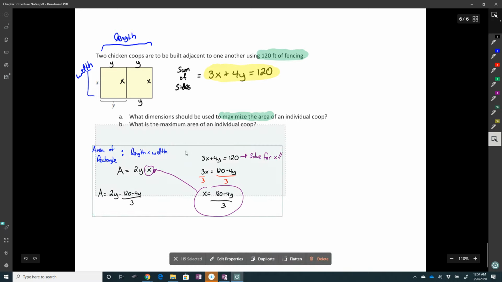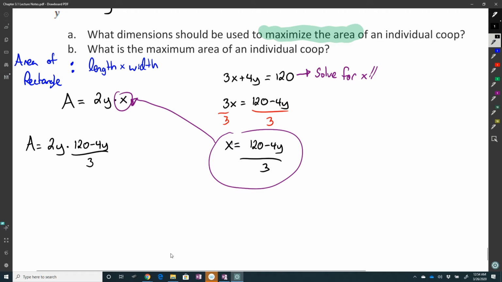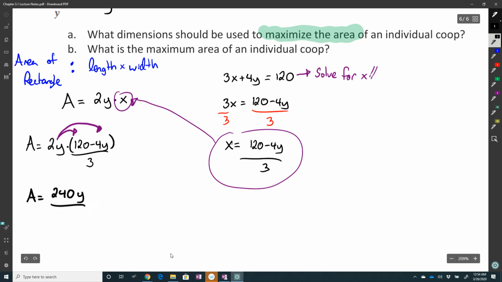So this is in parentheses, and so I can distribute. A is equal to 2y times 120, that's 240y over 3.